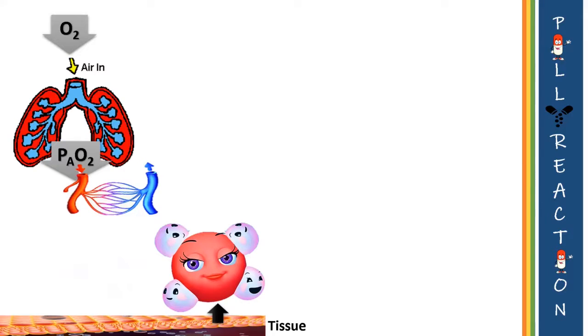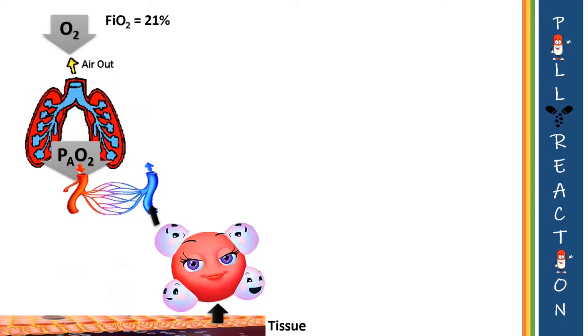Now coming to some of the key terminologies. The air we breathe contains 21% oxygen. So the air that we breathe contains 21% oxygen, which is known as the fraction of inspired oxygen.